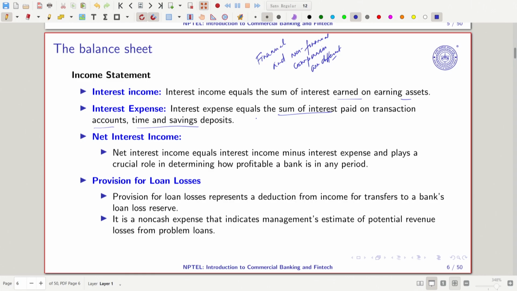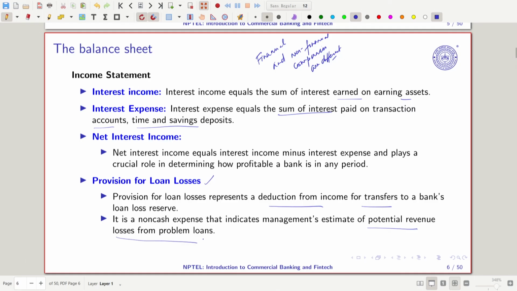And then here we have the provision for loan losses. Provision for loan losses shows how much they are going to deduct. Each year, when banks take decisions about the balance sheet formation or next year's financials, they plan in advance that if they have an outstanding of, suppose, 100 crore rupees of NPAs, then how much they can eat out.